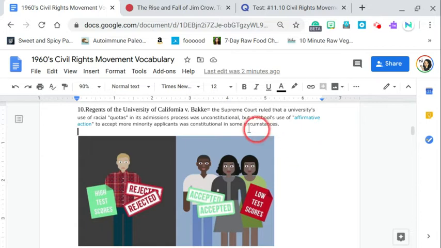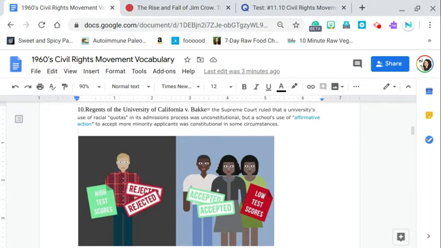So this is what basically happened in this case. Because of affirmative action, universities were required to allow a certain amount of people of color. So here we have this young white male who got rejected, even though his test scores were higher than some people of color. And he argued, "Hey, you're discriminating against me because I have higher test scores and they got in just because they're Black.